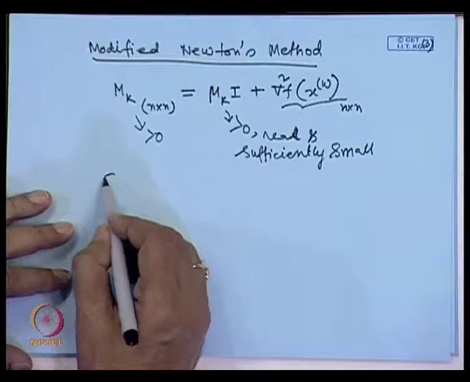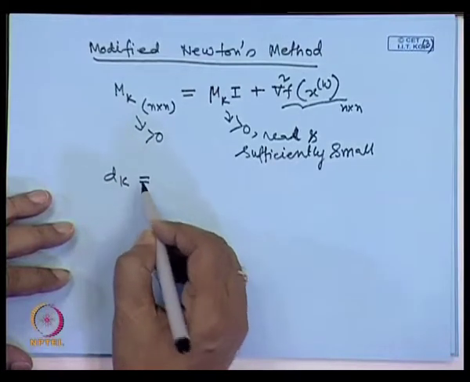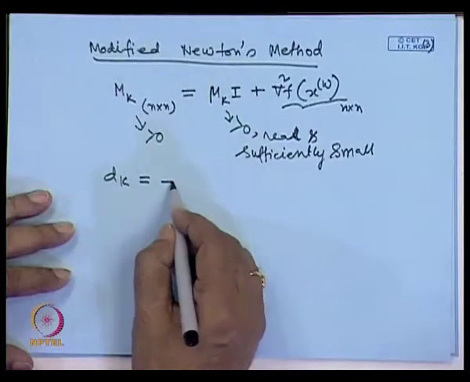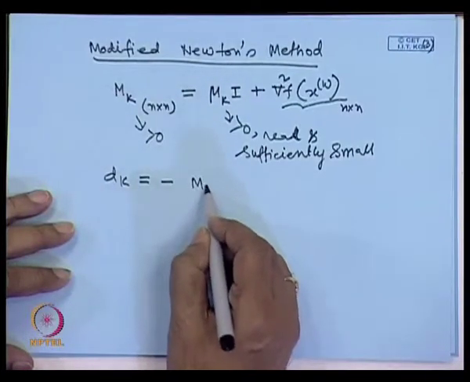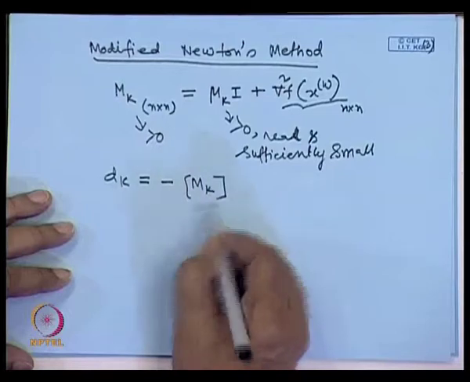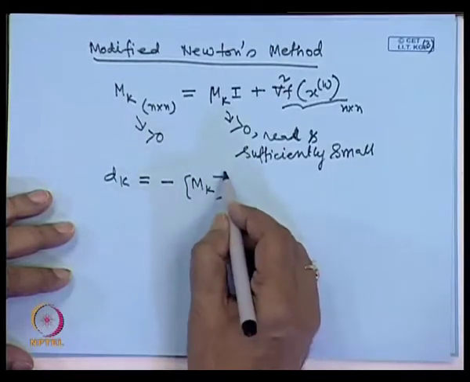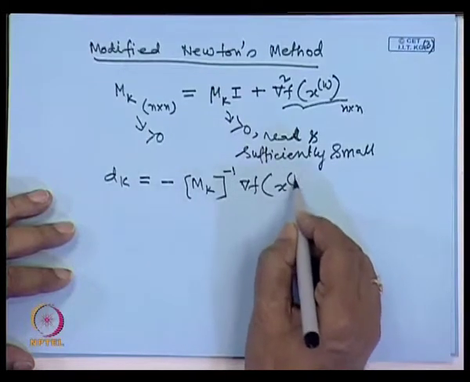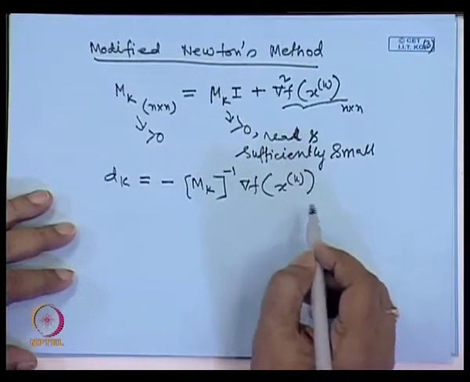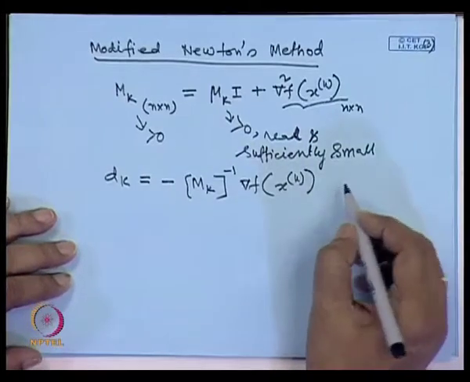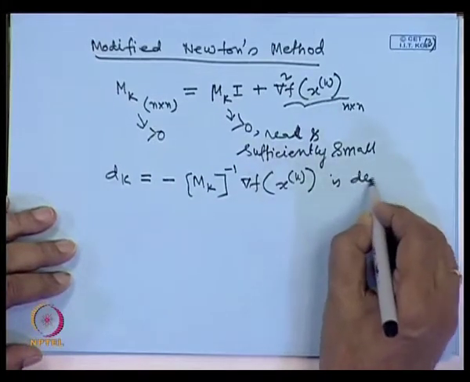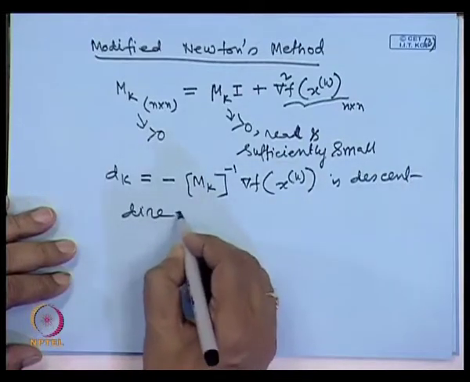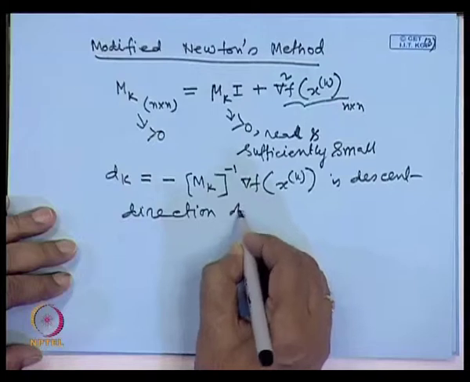So what is our d_k now? In place of the Hessian matrix inversion, I will just write minus M_k inverse gradient f of x^k, which is a descent direction of f.